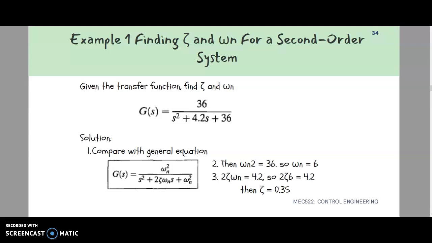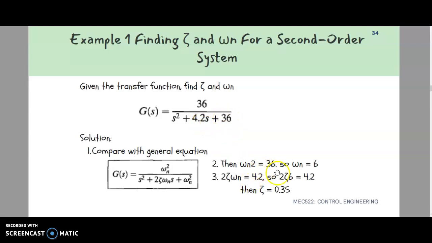Okay, so kita pergi kepada first example. In this example, we need to find the damping ratio and omega n. So consider you have G(s) equals 36 divided by s squared plus 4.2s plus 36. So you compare dengan standard form. Omega n squared is 36 and 2 lambda omega n equals 4.2.